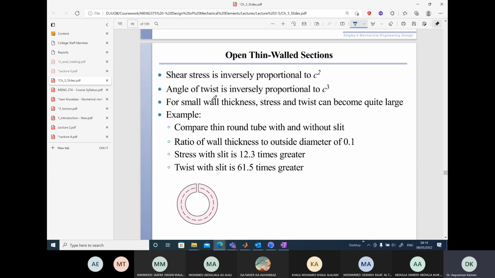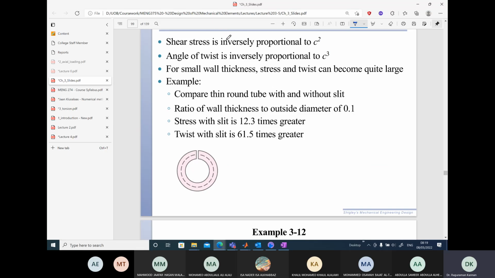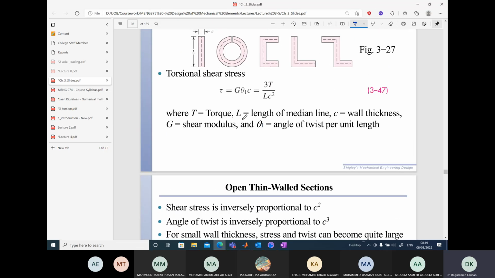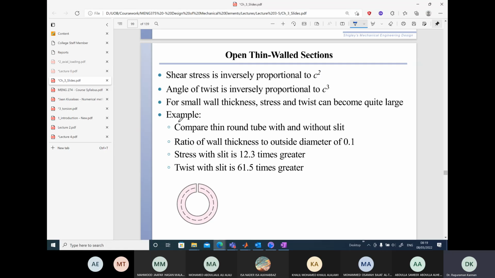Okay, so some discussion on this particular topic. We have shear stress, which is inversely proportional to C square according to this formula. Angle of twist is proportional to C cube. From here you can see, take C to the denominator and you will see that θ1 is inversely proportional to C cube.